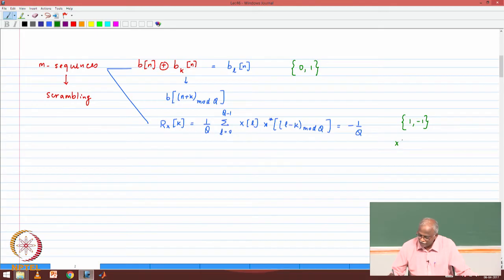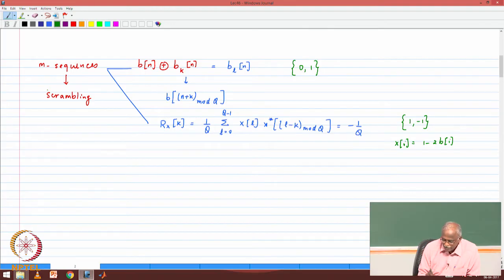In other words, x of I is equal to 1 minus 2 times the corresponding bit value. So we have used both representations. Please always, before you apply something, ask: am I working in binary or in bipolar? That's an important part to keep in mind.